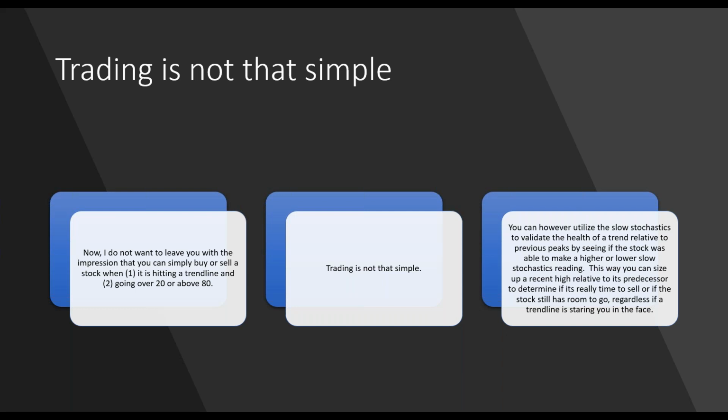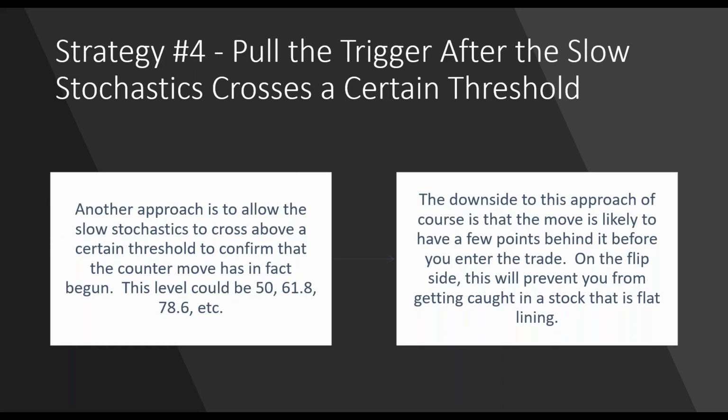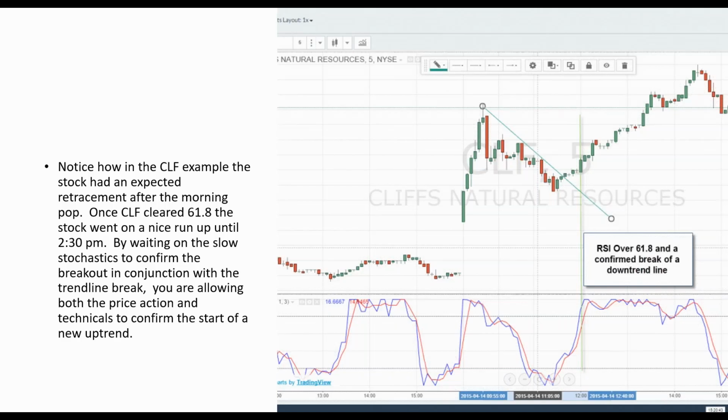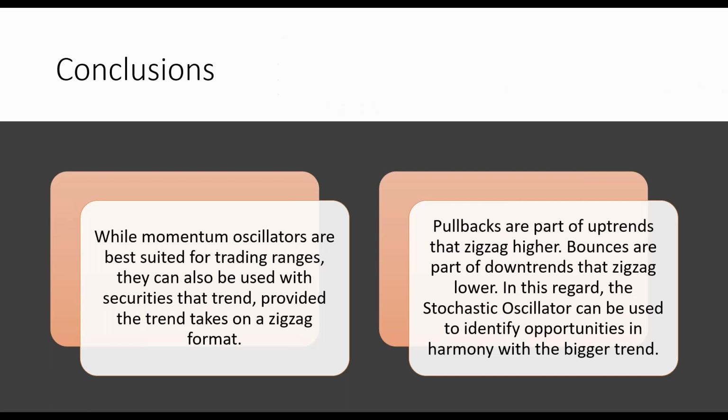You can, however, utilize the slow stochastics to validate the health of a trend line relative to previous peaks by seeing if the asset was able to make higher or lower slow stochastics readings. While momentum oscillators are best suited for trading ranges, they can also be used with securities that trend, provided the trend takes on a zigzag format.